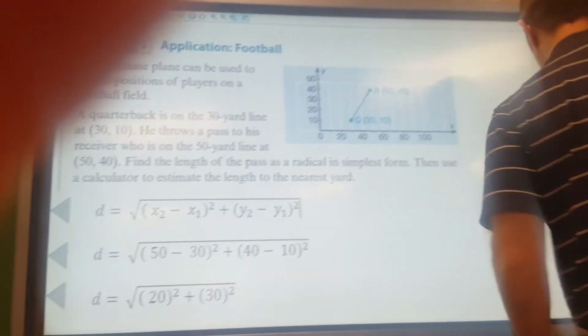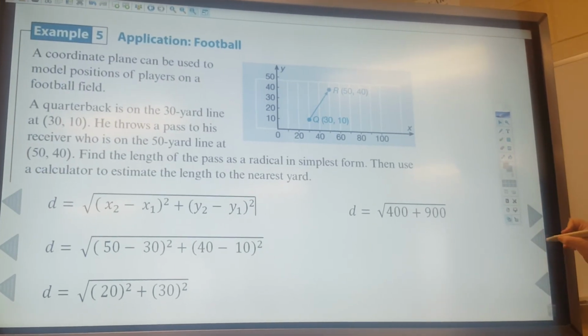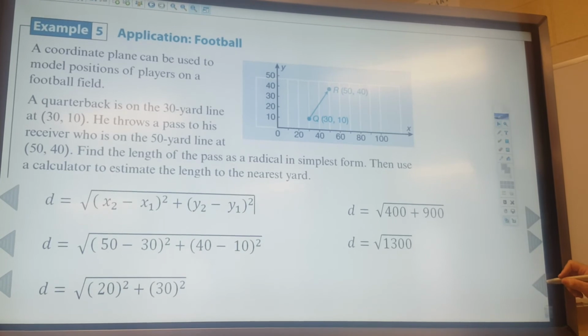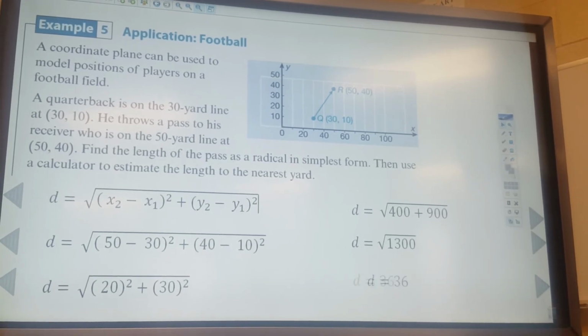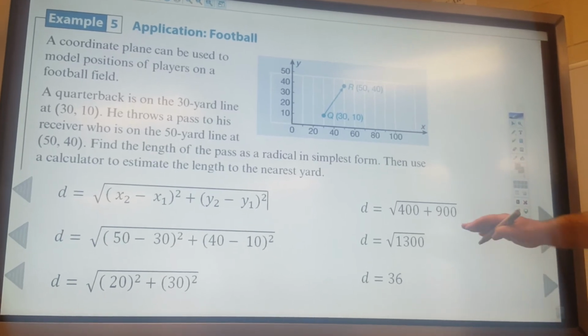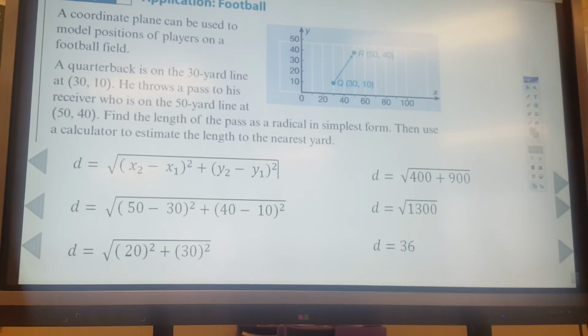All right, let's go to the other side of the screen. We get 400 plus 900. The distance is equal to the square root of 1300. I put this into my calculator, 1300, take the square root, and it's approximately 36.